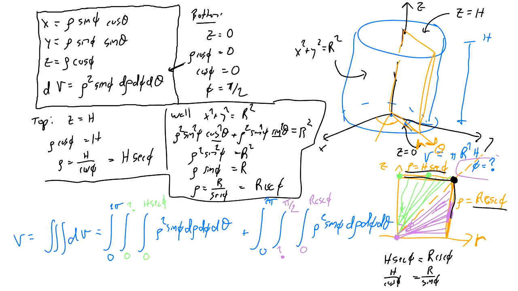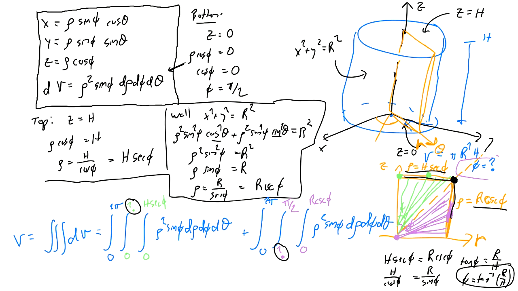So if I multiply both sides by sine phi and divide both sides by h, I get that tangent of phi is equal to r over h. So phi is the inverse tangent of r over h. That is the angle that needs to be filled in for the question mark in each of those two integrals.